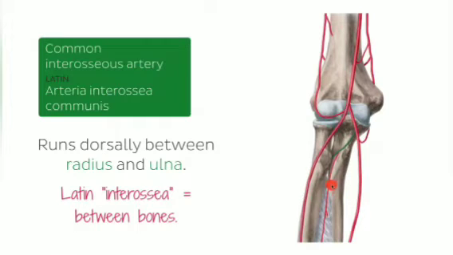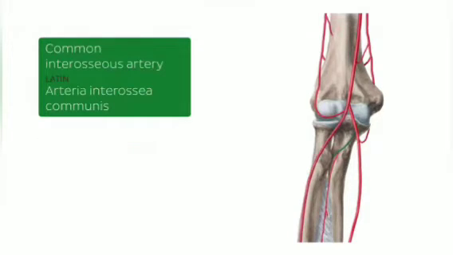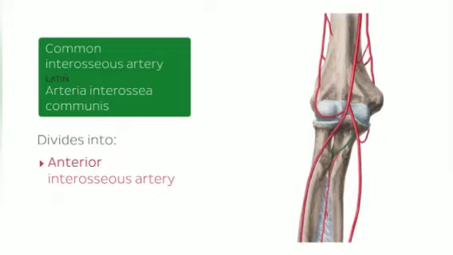And again, interosseous meaning that it's between a membrane existing between the radius and the ulna. And from there, the common interosseous is going to divide into the anterior interosseous and the posterior interosseous, which will be the next arteries that we're going to talk about.